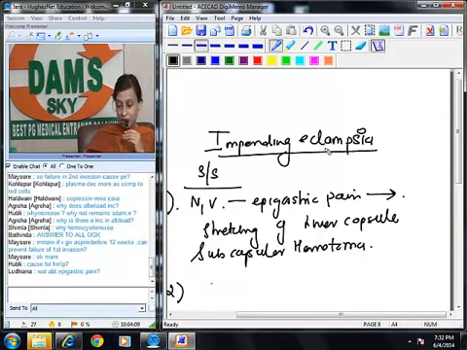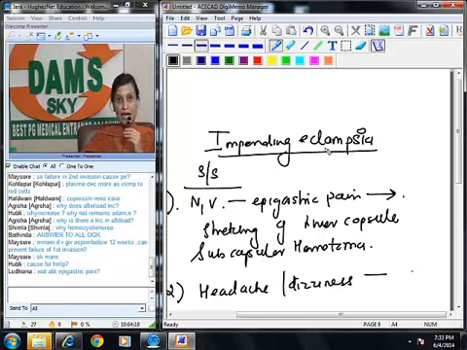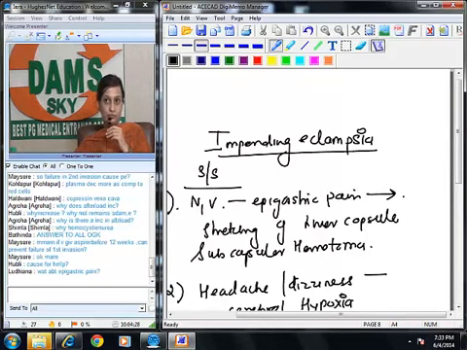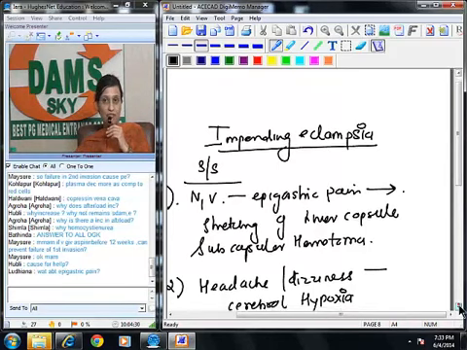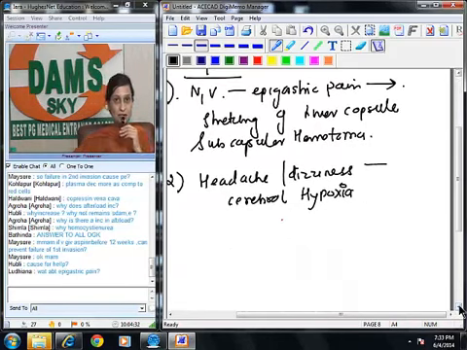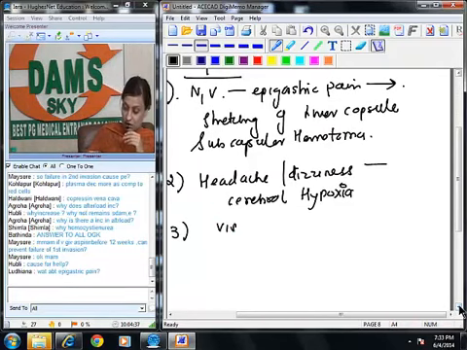The second type is going to be headache and dizziness. The cause of this headache and dizziness is cerebral hypoxia, which manifests in the form of headache and dizziness. The third symptom is visual disturbances.